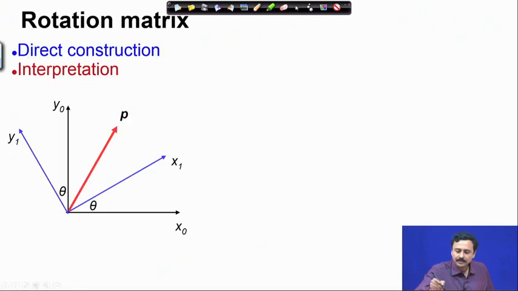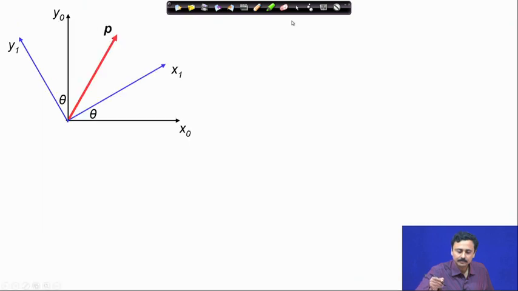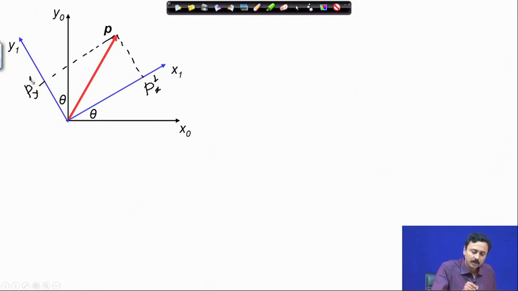We have looked at the construction of the rotation matrix which relates the body fixed coordinates p x 1, p y 1 to p x 0, p y 0. So, this was obtained through the rotational transformation.